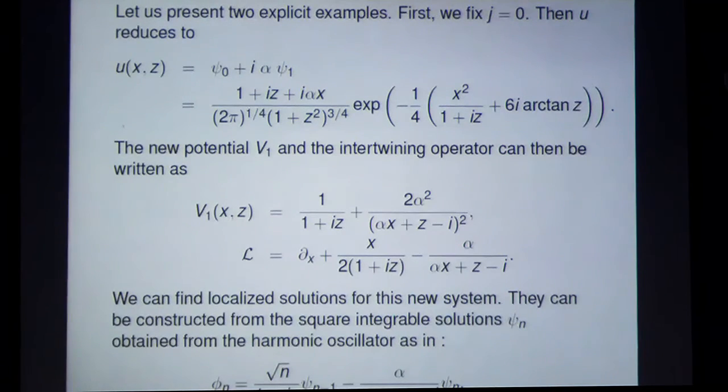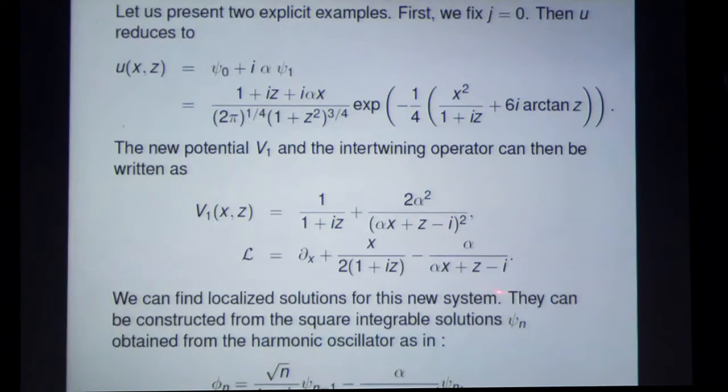So let me give you an example. If J is equal to 0, U will be the superposition of the function with index 0 and the function with index 1, which can be written in this way. The rational extension of the free particle is this one, so we have closed expression.